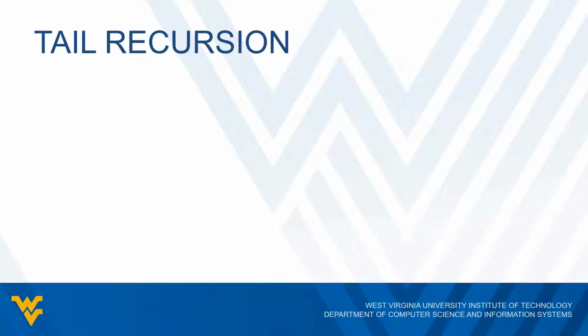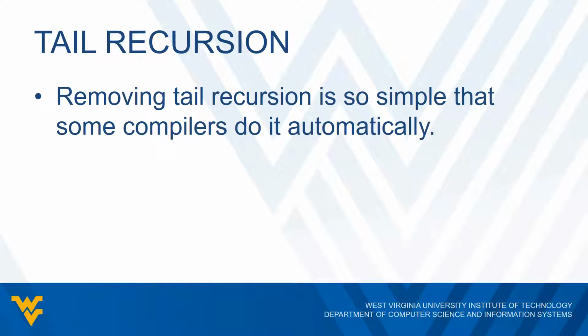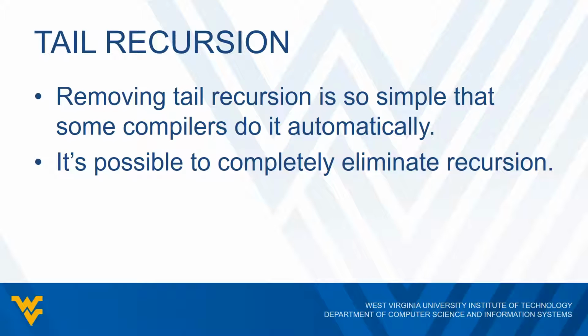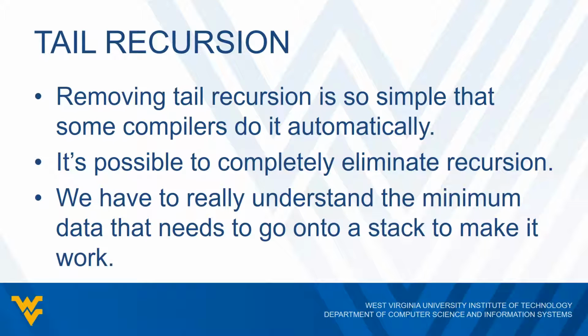That particular example was pretty easy to do. In fact, removing tail recursion is so simple that some compilers do that for us automatically. In fact, it's even possible to completely eliminate recursion altogether. We can take a program that uses recursion and we can rewrite it so that it just uses loops instead of method calls. The trick though with that is you really have to understand the data that's being passed with each method call in order to make that work, because every time you make a recursive call, that information is being stored onto the stack.